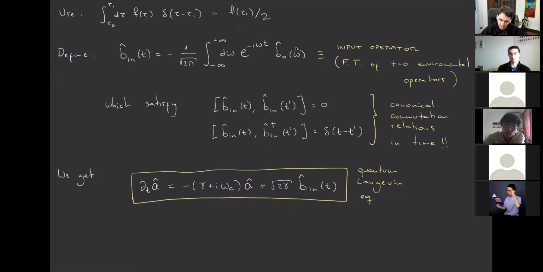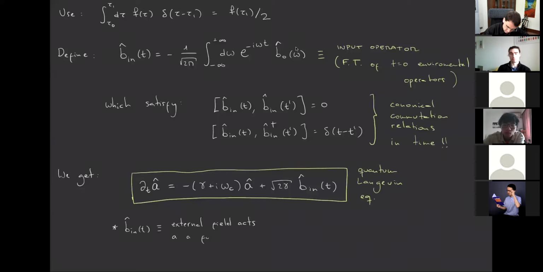what we expect. We expect that if we excite photons inside the cavity, they will be going out of the cavity. But on top of that, we get a term that is kind of a forcing, and I want to just make it a bit more explicit. This input operator that we get is telling you that the external field acts as a force.